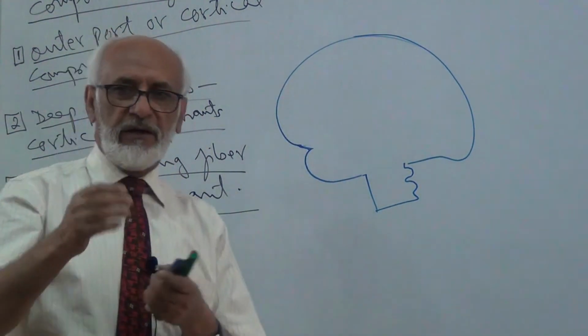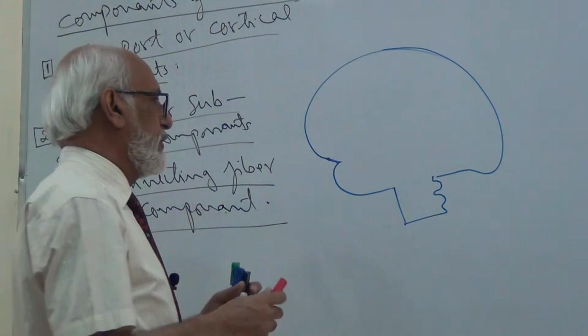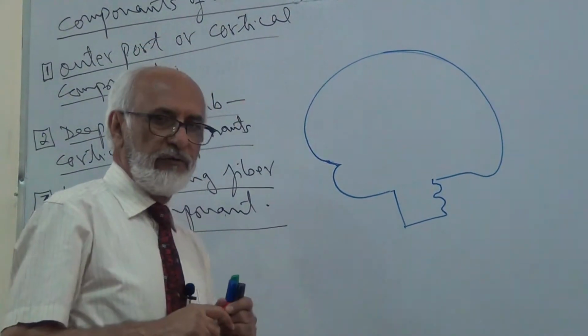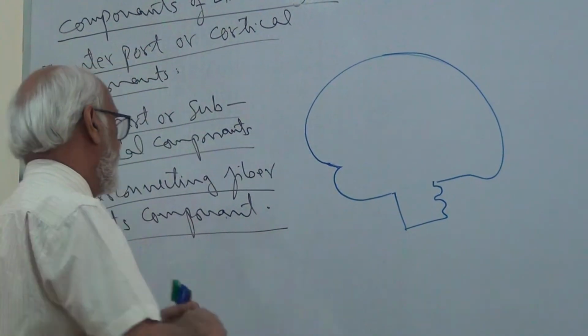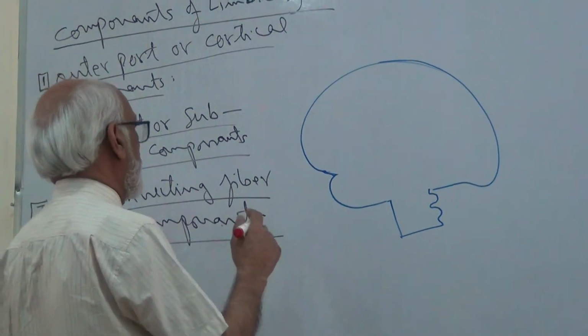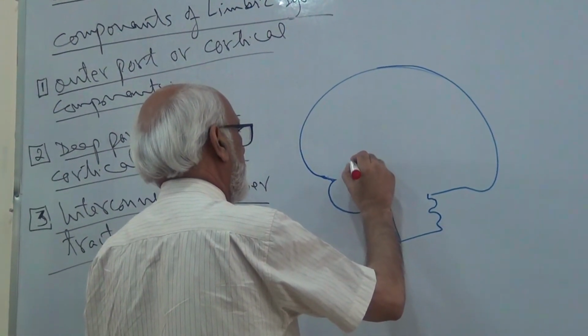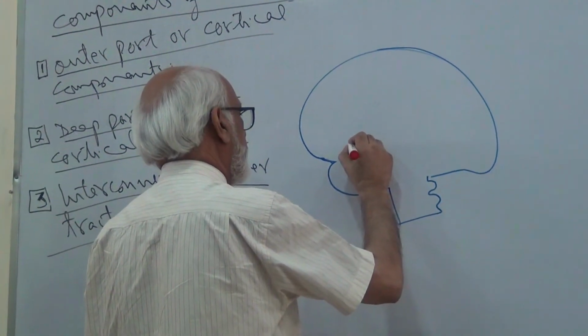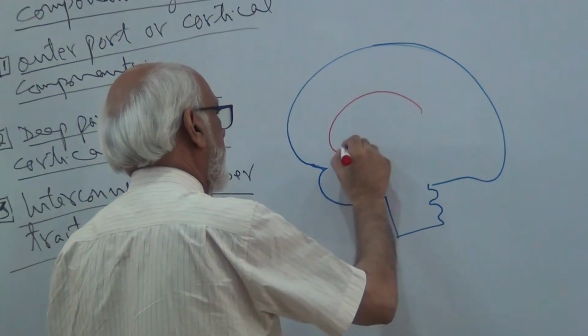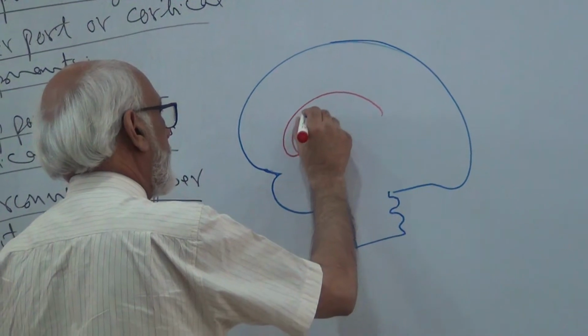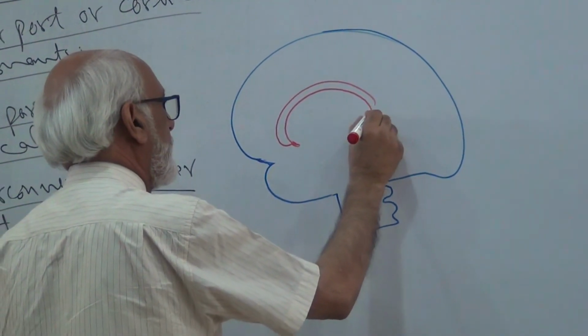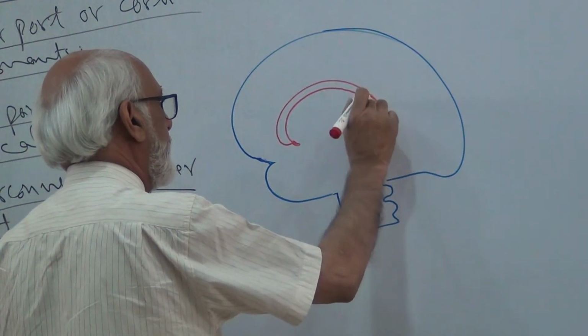If we cut a section through the midline, cutting different midline structures, we can see the outer part, the cortical component. So you know there is a corpus callosum having different parts: rostrum, genu, body and splenium.